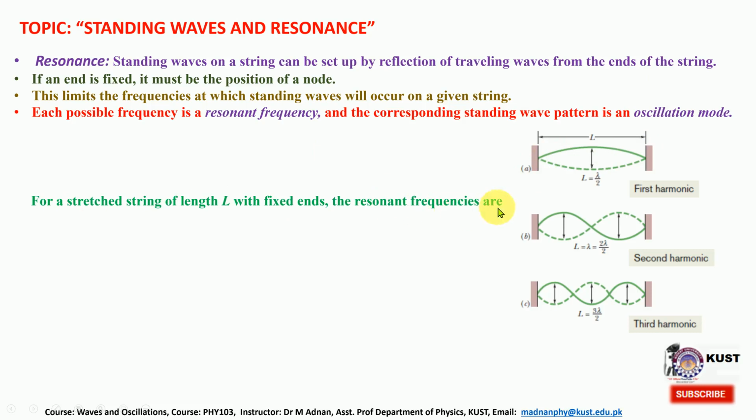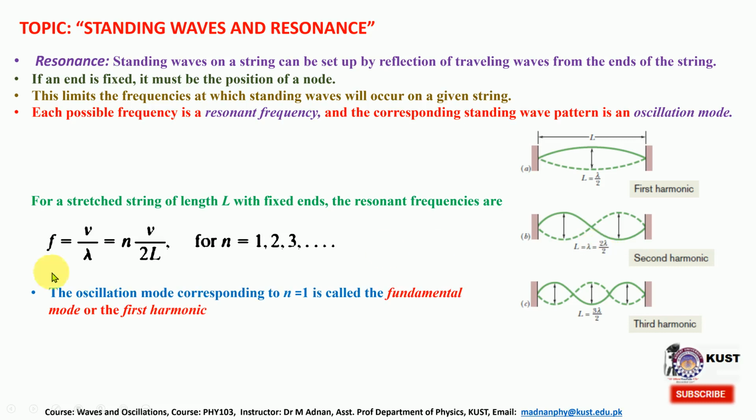The resonant frequencies are, for example, once you have one antinode and two nodes, the frequency equal to v over lambda, that is, the velocity divided by the wavelength. In this situation, lambda will be equal to 2L over n, where n is 1, 2, 3, such that for this situation L is equal to lambda over 2.